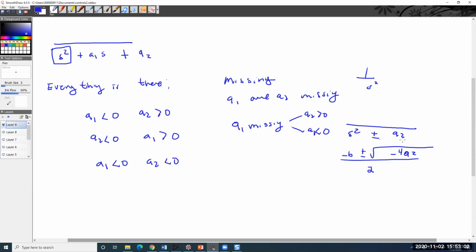If A2 is less than 0, this is positive, and you get one pole here and one pole there, and you get exponential increase. I say A1 is missing, so A2, oops, I meant A2.